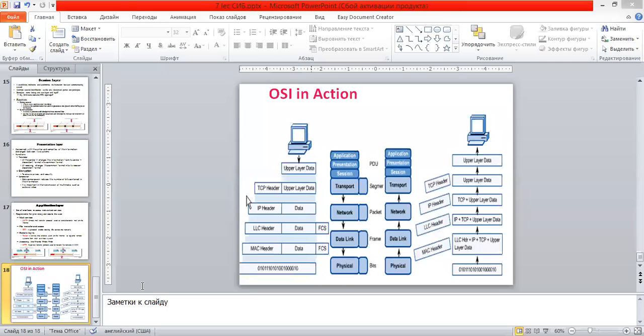A header is layer-specific information that basically explains what functions the layer carried out. Conversely, at the receiving end, headers are stripped from the message as it travels up their corresponding layers.